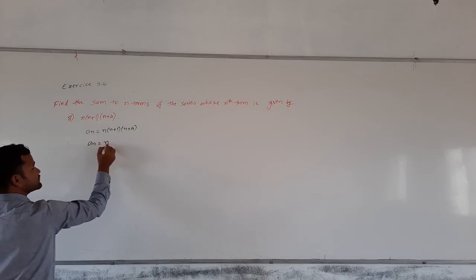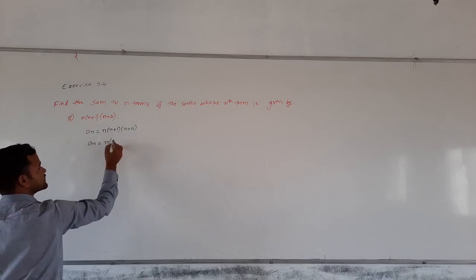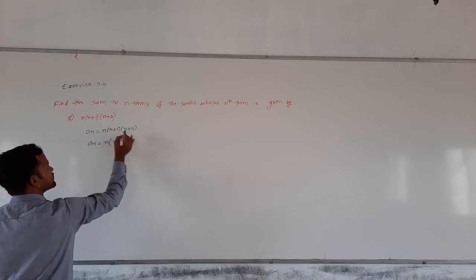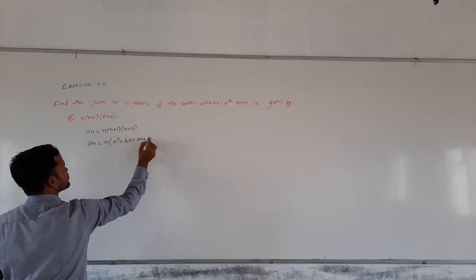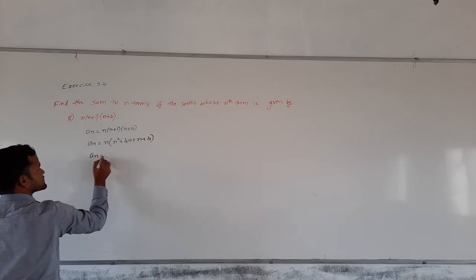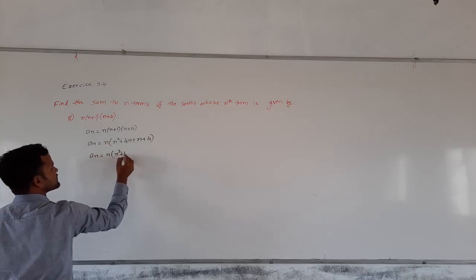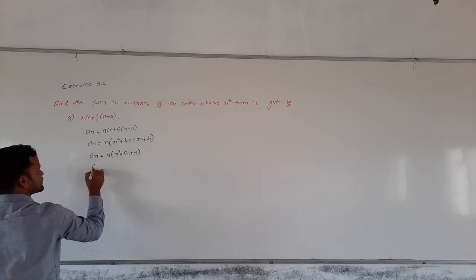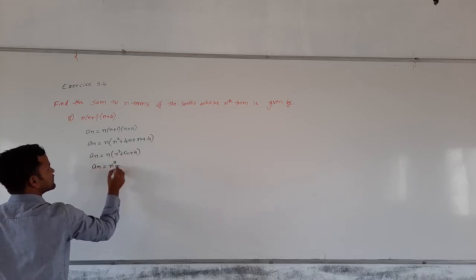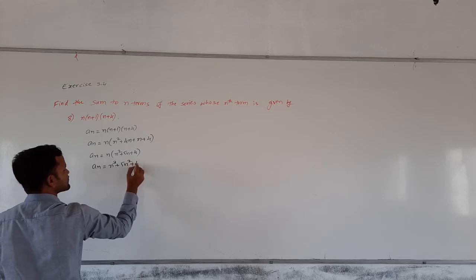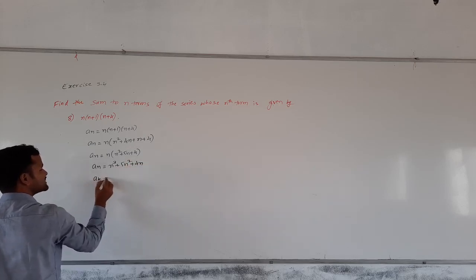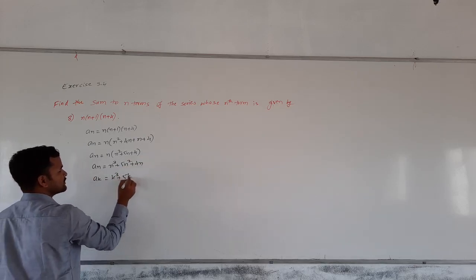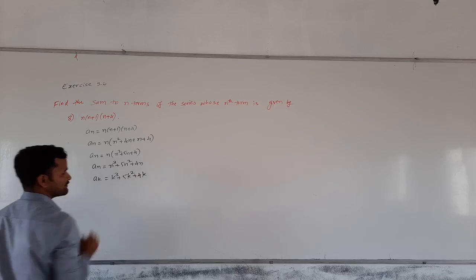Now an is equal to n into, you multiply this, n into n, n square, n into 4, 4n, 1 into n, n, 1 into 4, 4. an is equal to n into n square plus 5n plus 4. This n also multiplies with all three terms. an is equal to n cube plus 5n square plus 4n. What is ak then? Then ak is k cube plus 5k square plus 4k.